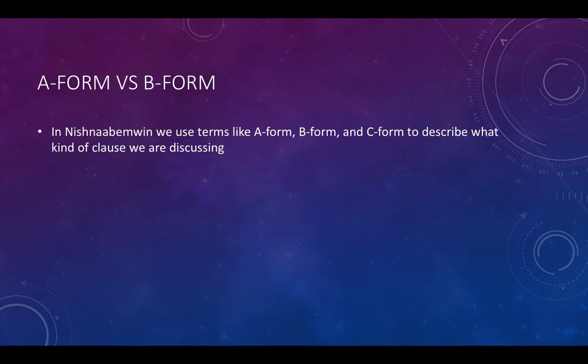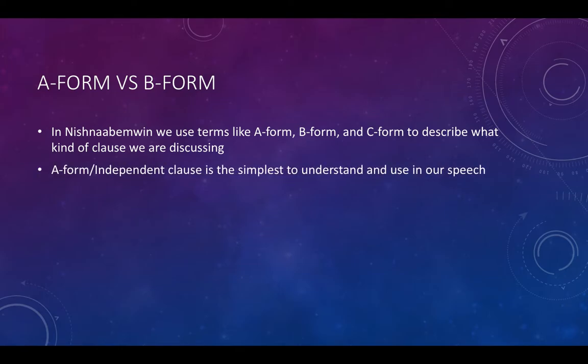A-form versus B-form. In Nishnaabemwin, we use terms like A-form, B-form, and C-form to describe what kind of clause we are discussing. A-form, or independent clause, is the simplest to understand and use in our speech.